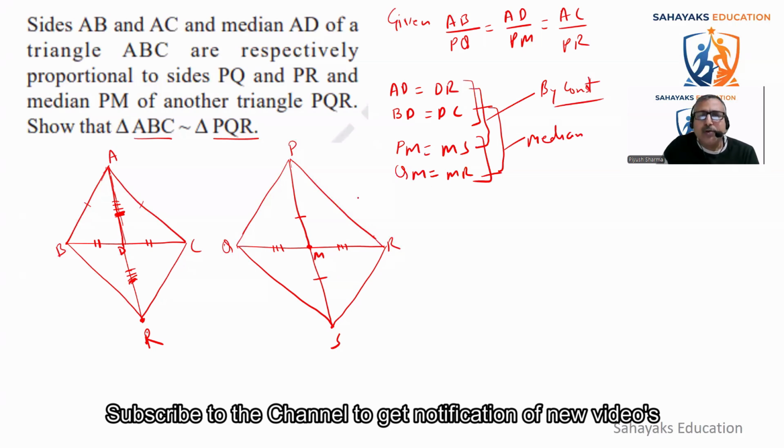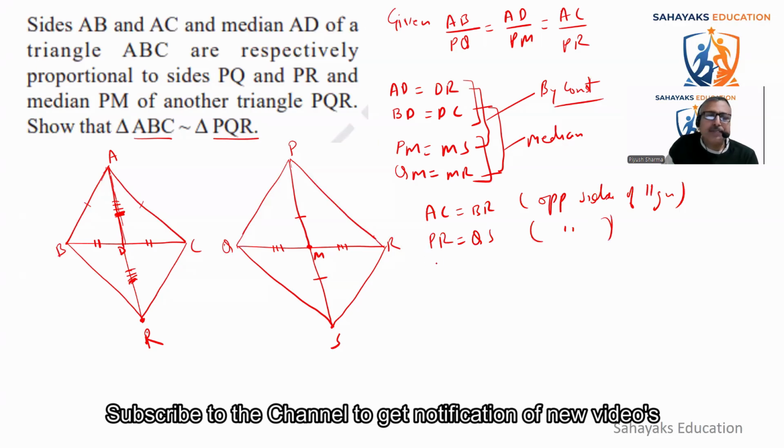Now we know that AC is equal to BR by opposite sides of a parallelogram. Similarly, PR is equal to QS, opposite sides of the parallelogram.